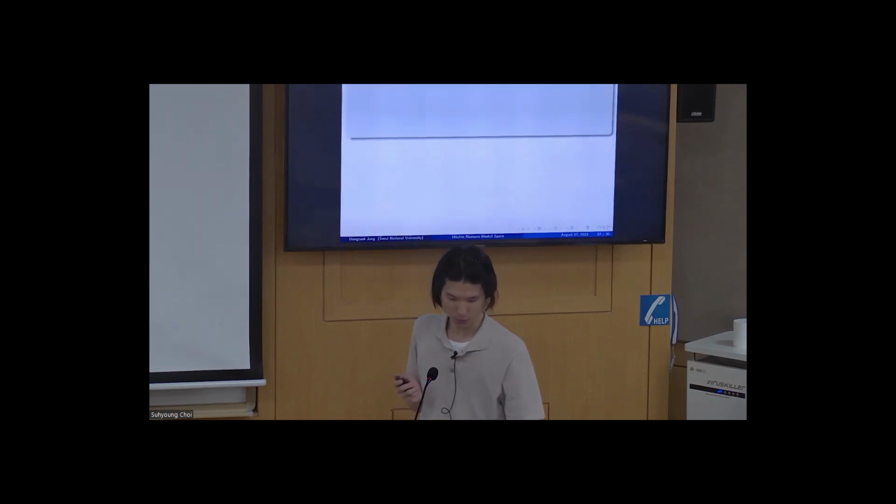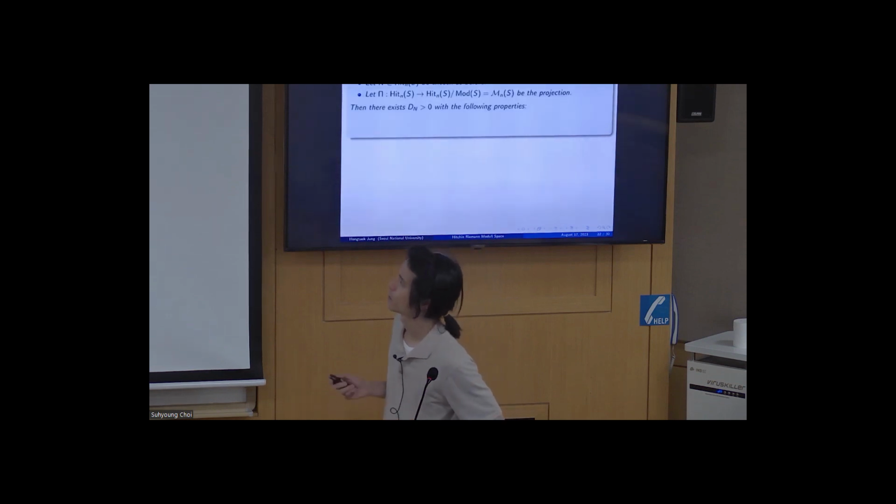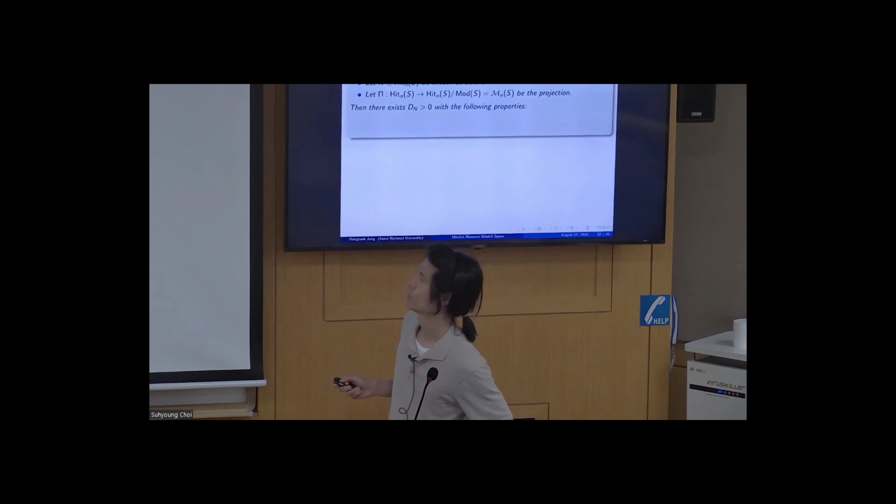Now I have to state one of our main lemmas. So let's choose N as before, and let's denote by pi of N the projection of each component to the moduli space. Then there exists a particular number d_N depending only on the compact set N with the following property.